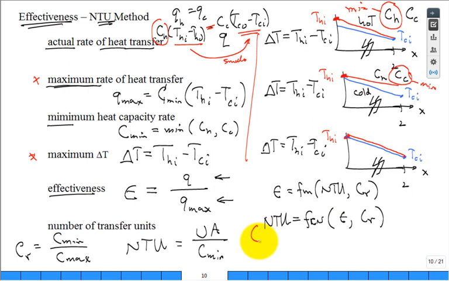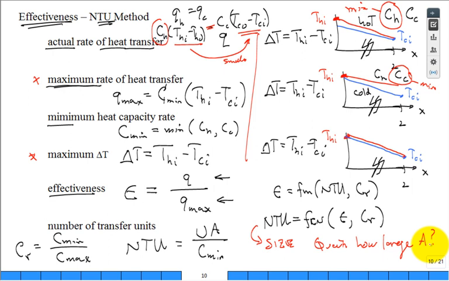One is we want to size the heat exchanger. Answer the question of how large of an area do I need for the heat exchanger to accomplish the goal of moving this much heat from one fluid stream to the other fluid stream, the rate of heating.